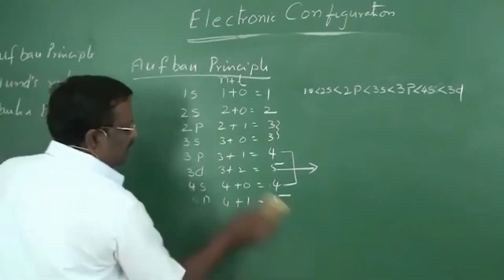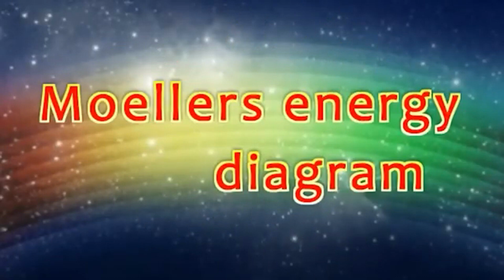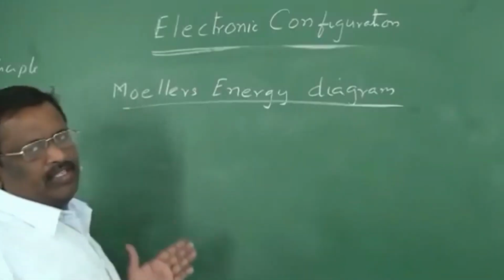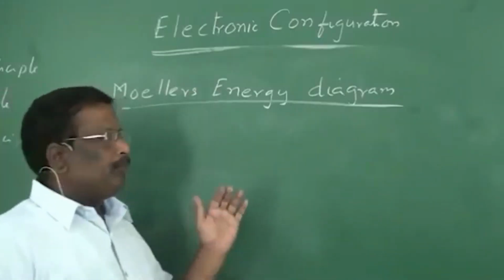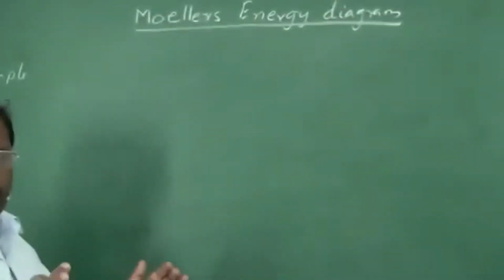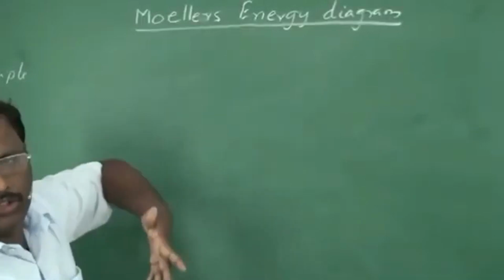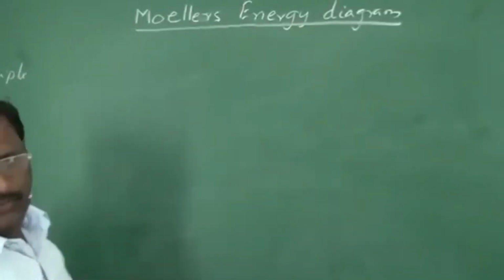Moeller's energy diagram will give us a clear picture regarding the relative energies of different atomic orbitals. And observe how I am writing these energy levels, because if you observe the way I am writing, it is easy for you to reproduce.